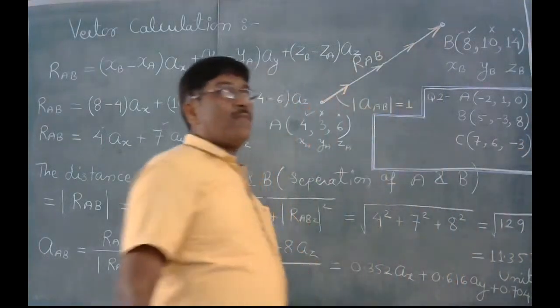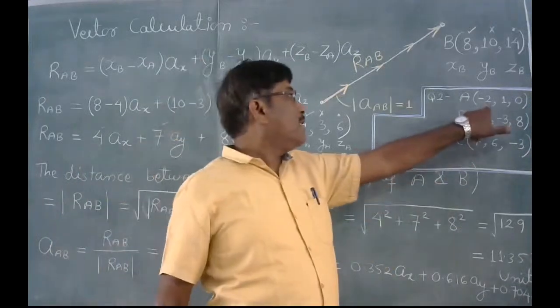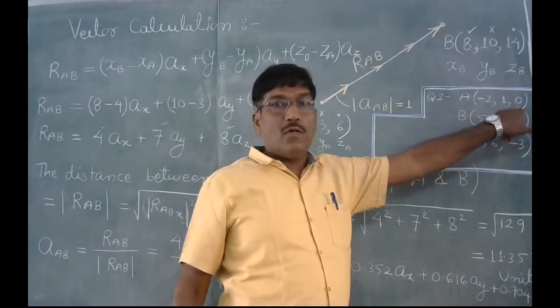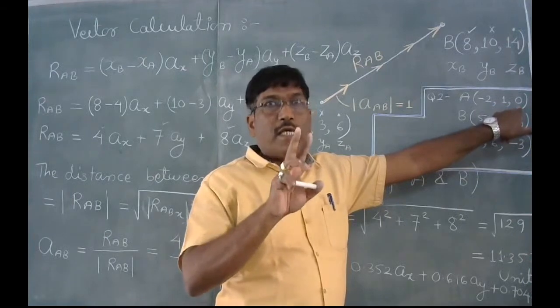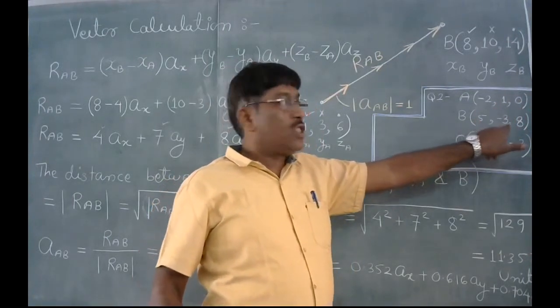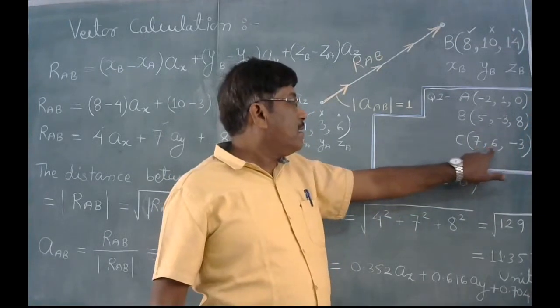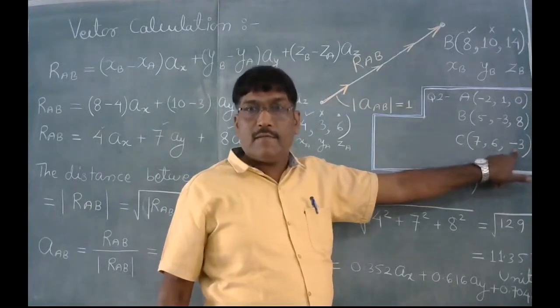These are the 3 points. A is -2, 1, 0. If it is not clear, I am speaking: point B is 5, -3, 8. Point C is 7, 6, -3.